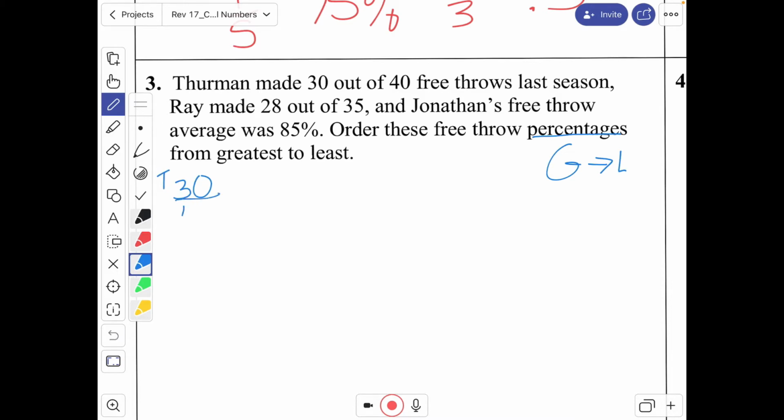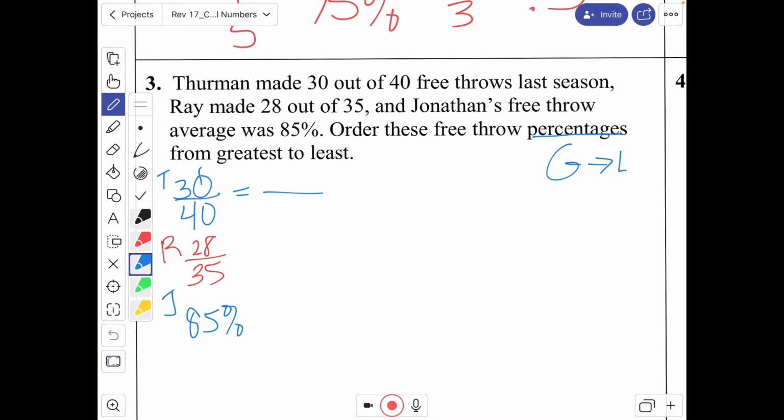So we have Thurman with 30 over 40. And we have Ray, which was 28 out of 35. And then Jonathan, which was 85%. Well, at least he's already a percent, so I don't have to do anything to him.